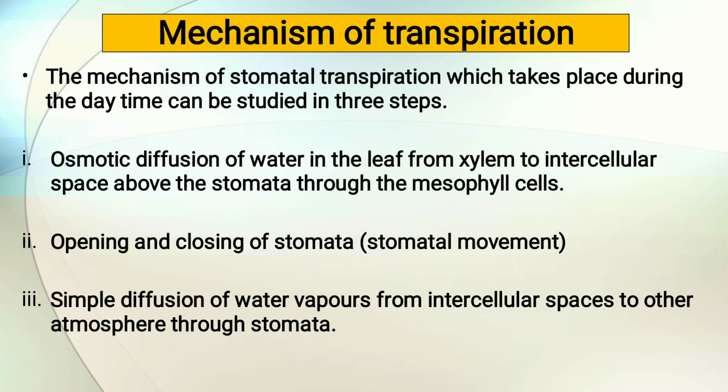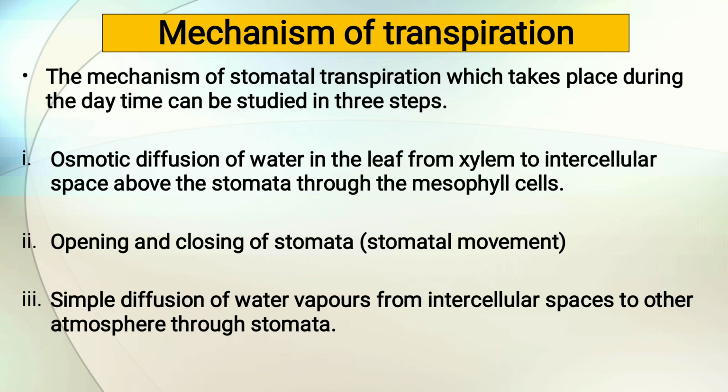The mechanism of stomatal transpiration which takes place during the daytime can be studied in 3 steps. First step is the osmotic diffusion of water in the leaf from xylem to intercellular spaces above the stomata through the mesophyll cells. The second one is the opening and closing of stomata, in which the stomatal movements are observed.